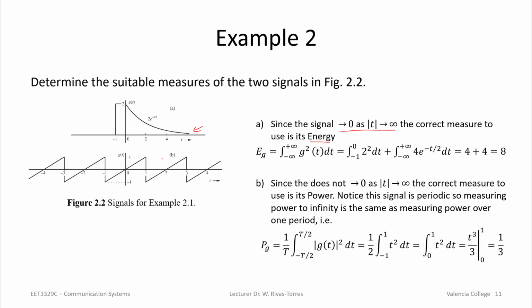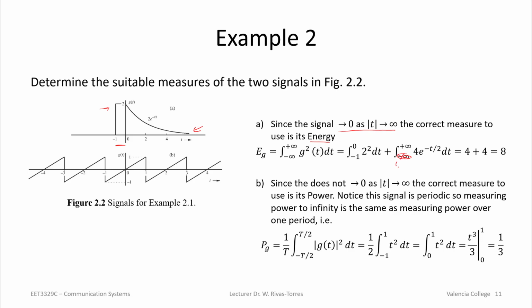and I trust that you guys can do this integral. Notice that the signal has sort of two parts to it. The first part is constant, between -1 and 0. You notice that the signal is constant with an amplitude of 2. So that magnitude is 2, so 2 squared, that's your g(t) between -1 and 0. And this is a typo, I apologize for that.